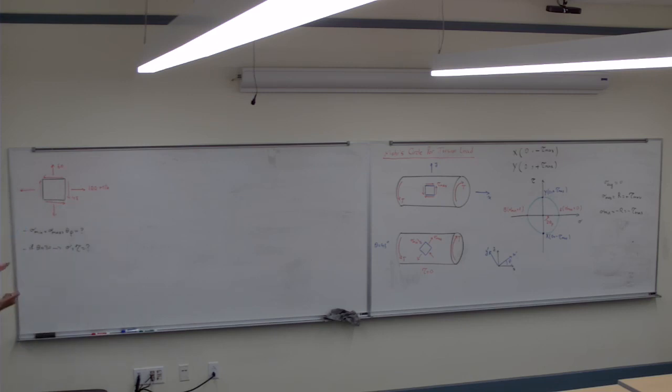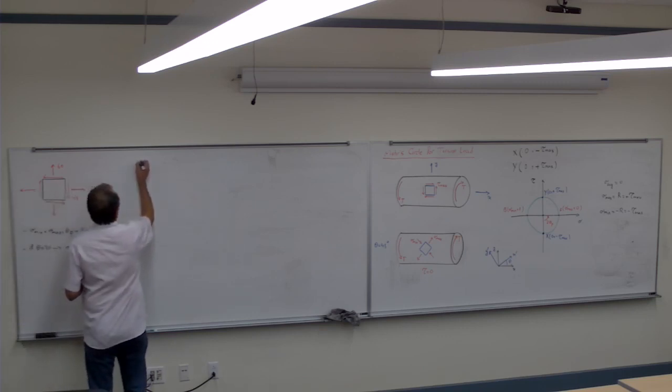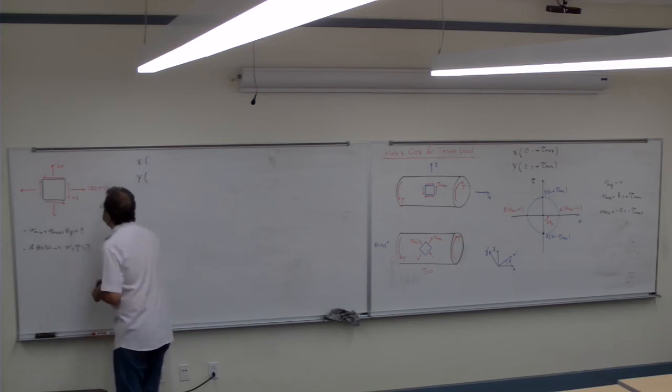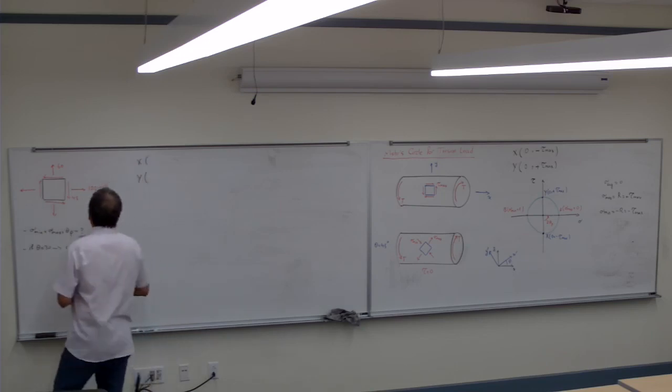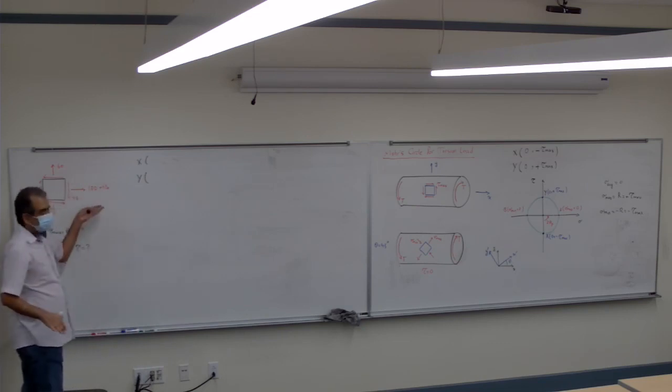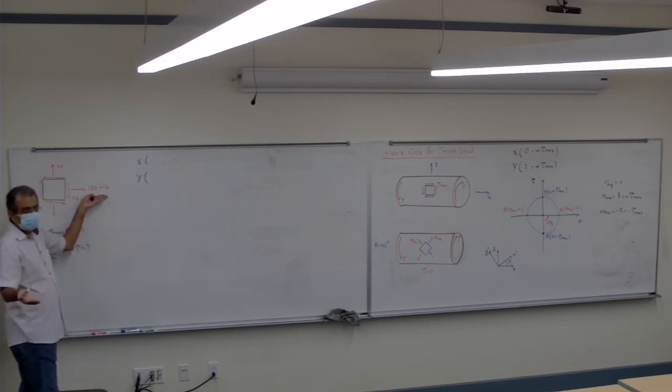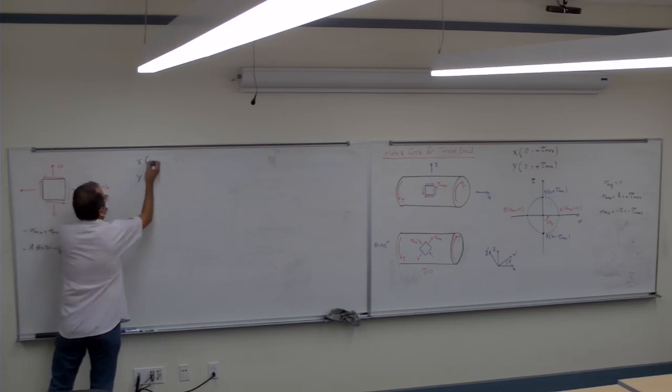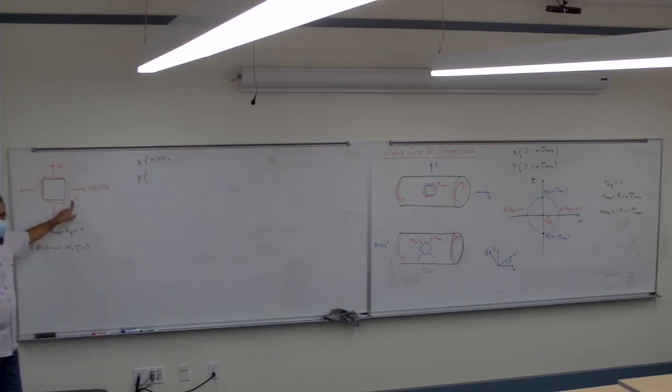So the very first part, again, is starting with x and y. So how much is the x and y? For the x, tensile, so it's positive 100, correct? So it's positive 100. About the shear, positive or negative?